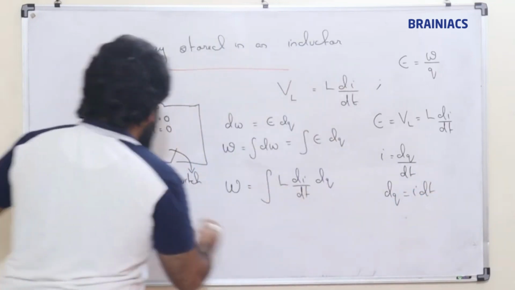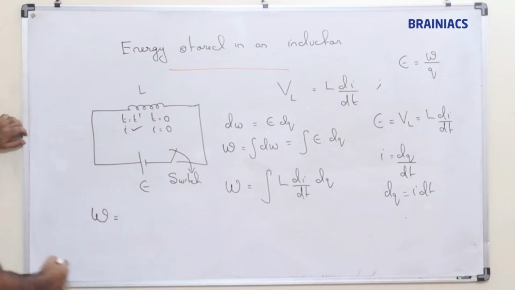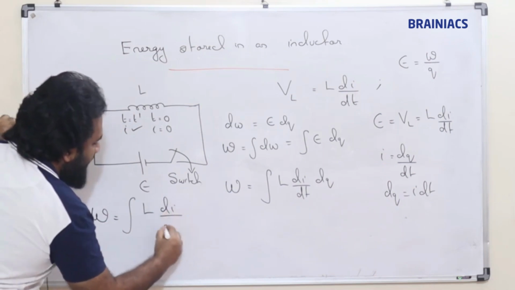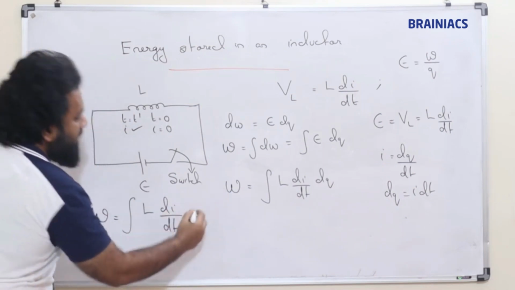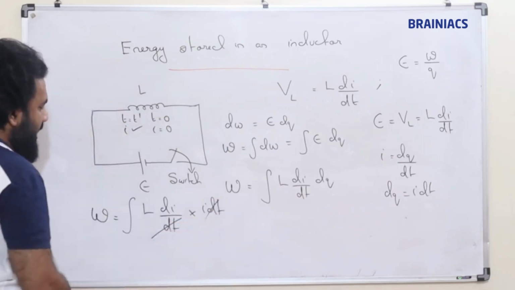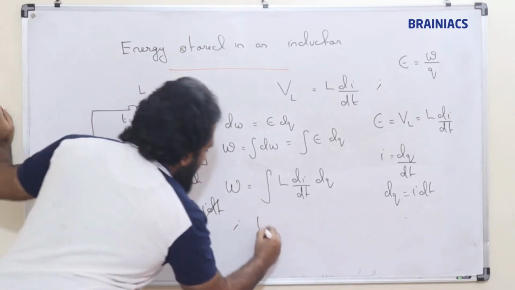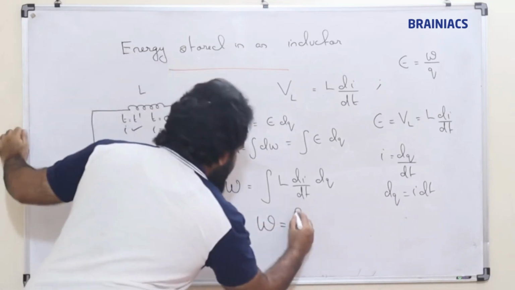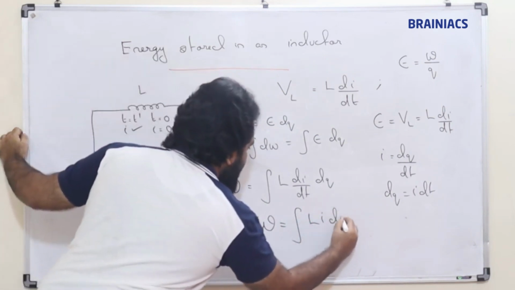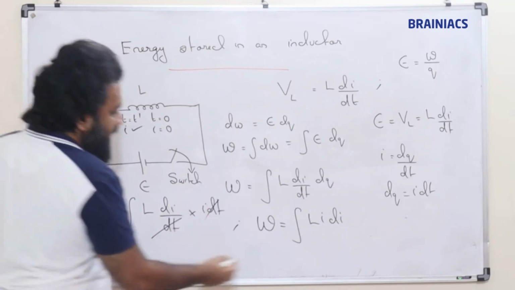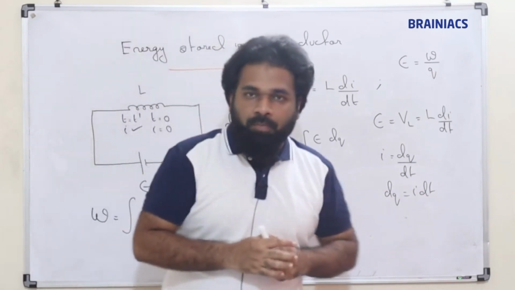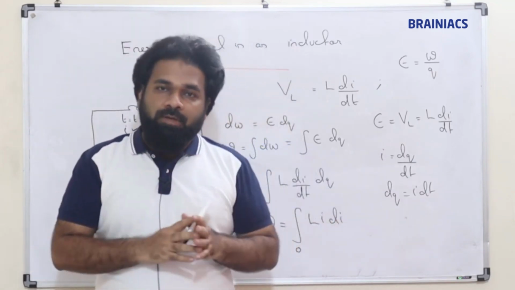Substituting that, work done will be the integral of L di by dt into I dt. So this dt can be cancelled off. Finally, work done will be the integral of L I di. Now we put the limits. Initially the current was 0, the inductor will not allow current to pass at first.